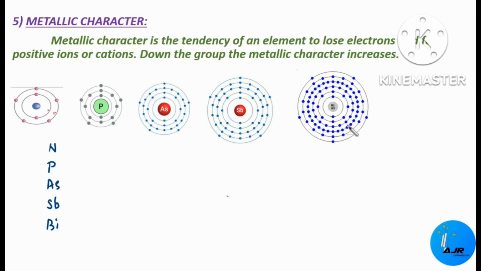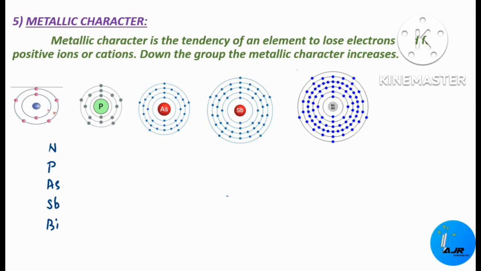What do you mean by ionization energy? It's the energy required to remove the outermost electrons. When moving down the group, the atomic size is increasing, so ionization energy decreases, and the valence electrons can be easily removed. When the valence electrons are easily removed, the electropositive character increases and obviously the metallic character increases.